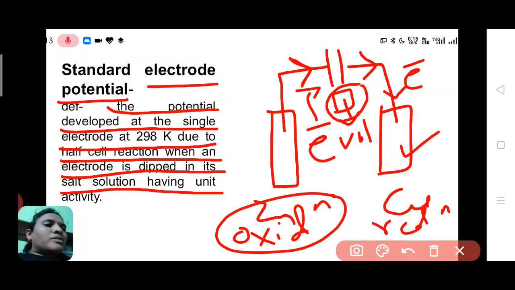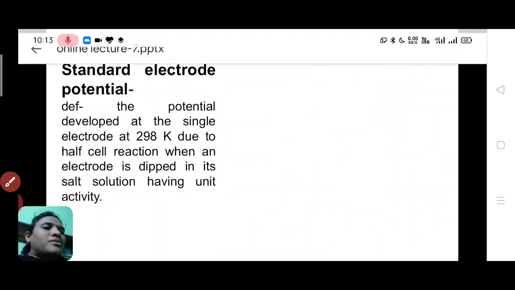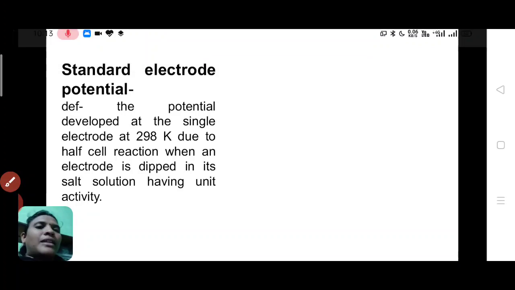And whatever electrode potential is measured by this voltmeter for the copper electrode is called the electrode potential of copper. So this is the standard electrode potential.